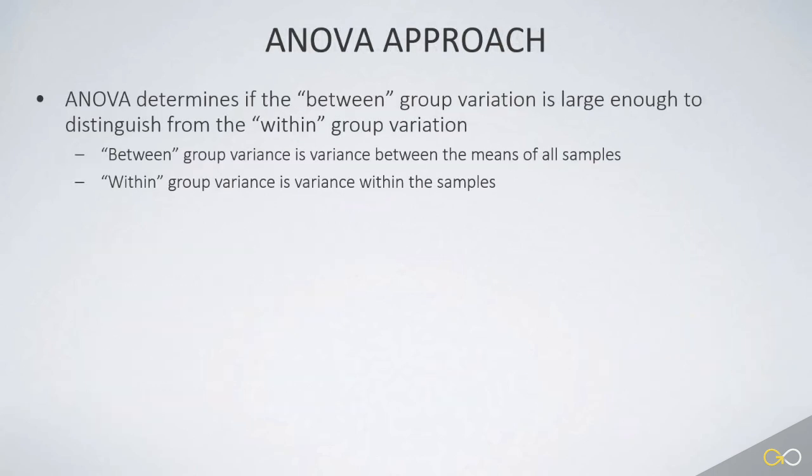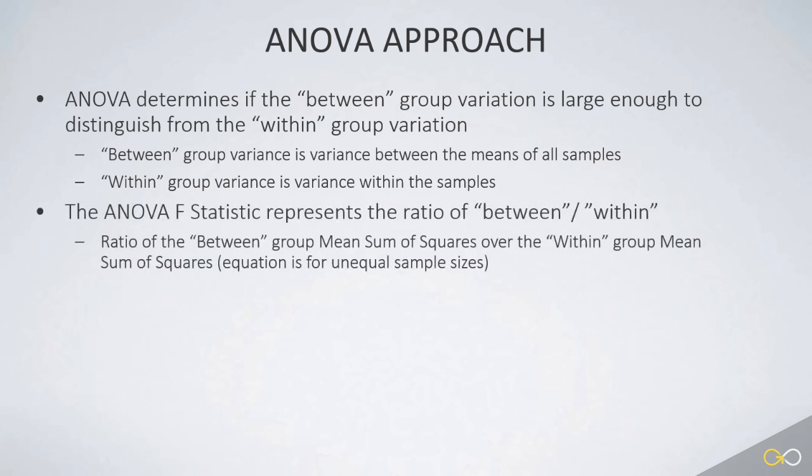The ANOVA analysis will determine if the between-group variation is large enough to distinguish a difference from the within-group variation. Now, the between-group variation is a variation of the different subset means. The within-group variation, this is where variance comes into play, is based upon the variance that is occurring within the entire group itself.